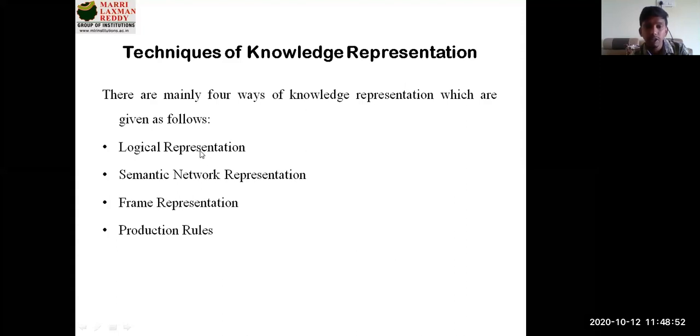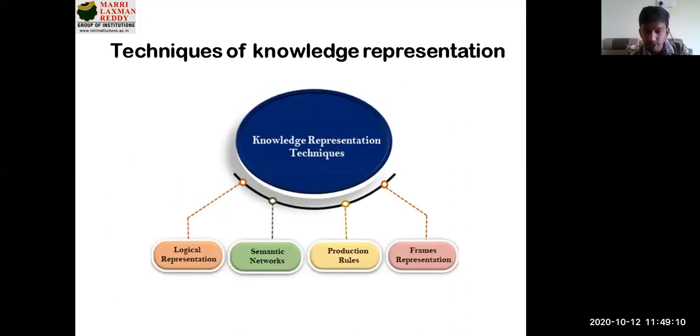Logical representation and production rules are not part of our syllabus, but we need to learn all these concepts as part of unit 2, which represent how knowledge can be transferred to an intelligent machine. We'll initially discuss logical representation.